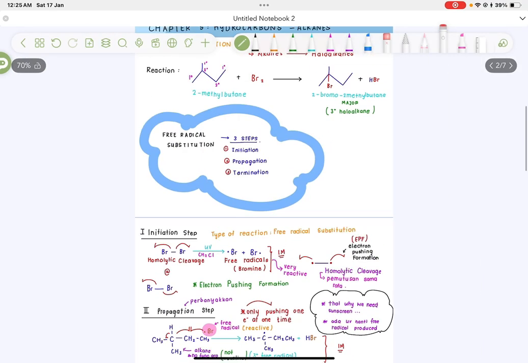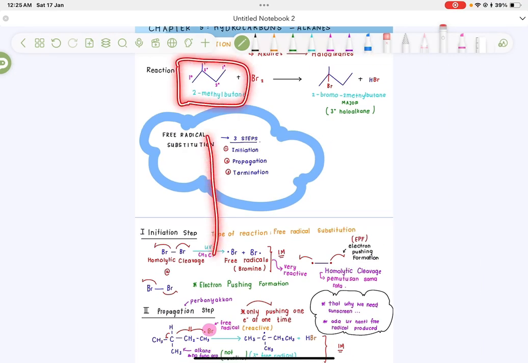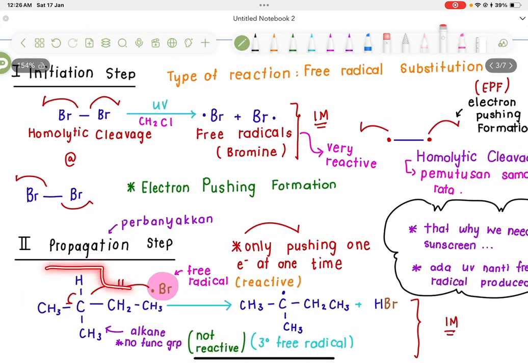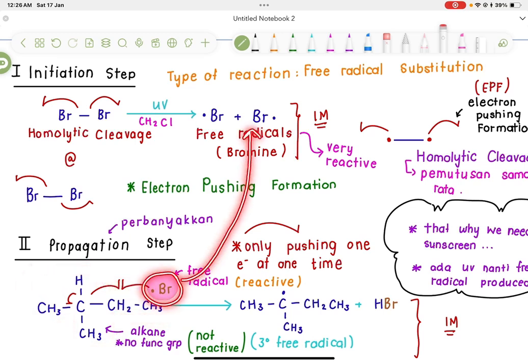So we take our 2-methylbutane over here. I draw it in the condensed form to make it easier for us to see. This 2-methylbutane, we're going to react with the Br free radical, which we got from the first step.